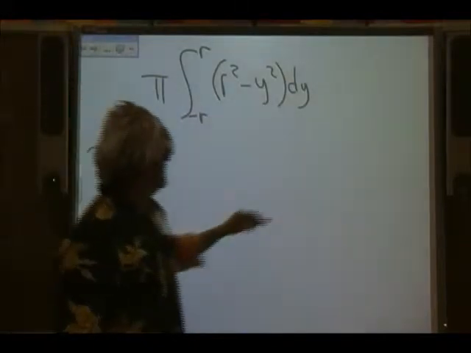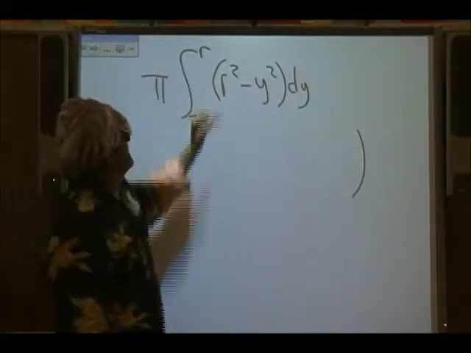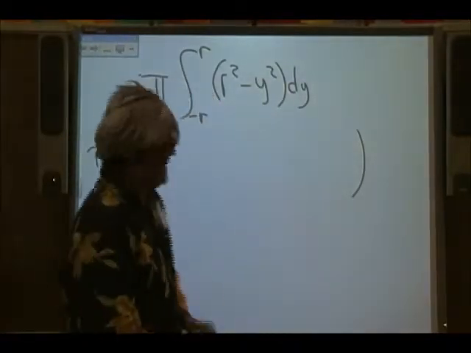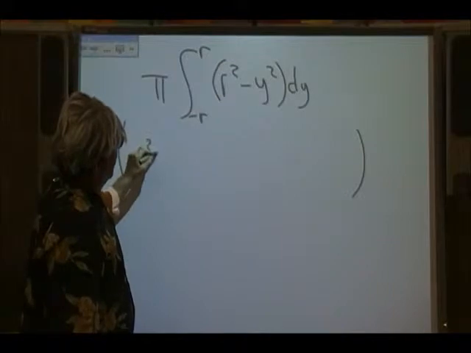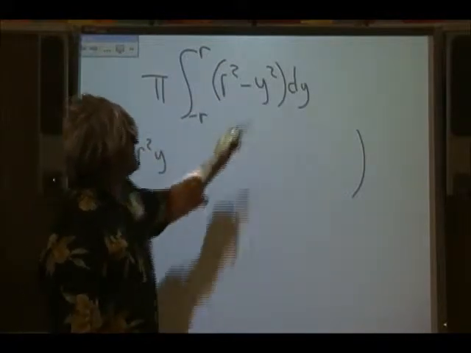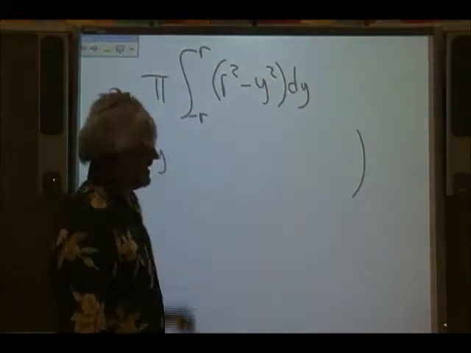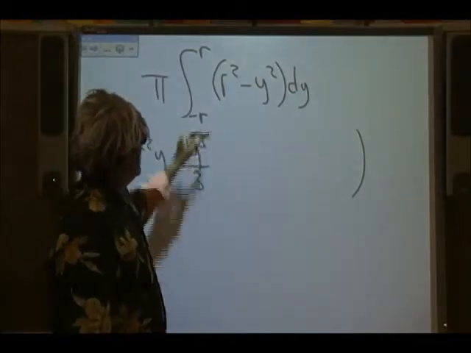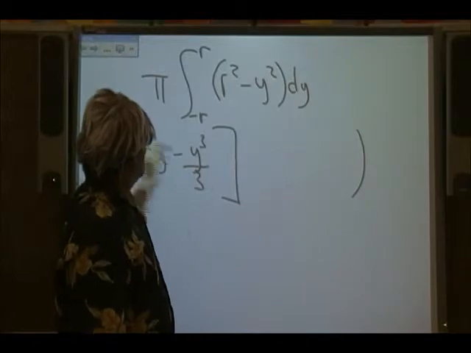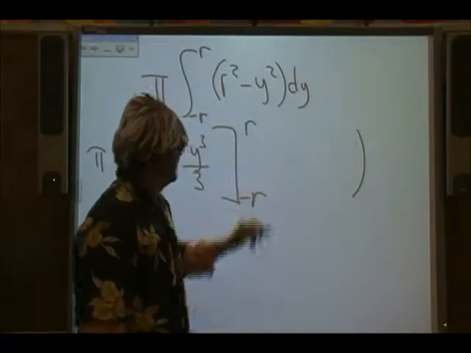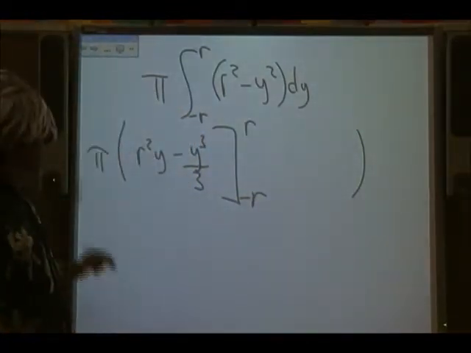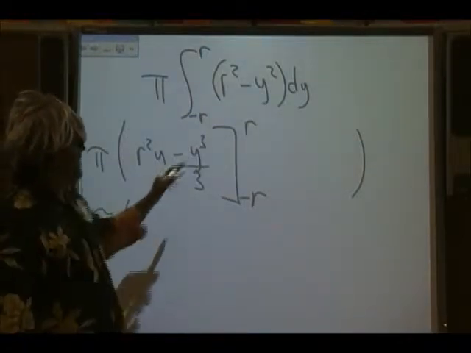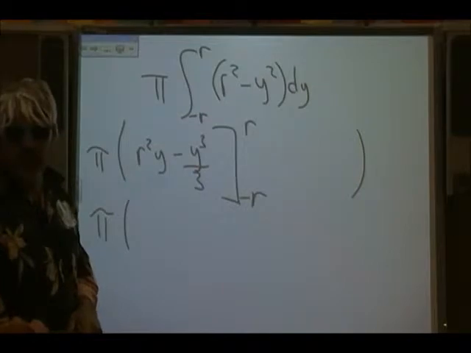Put a big parenthesis. What's the integral of r squared with respect to y? It's just r squared y. And what's the integral of y squared with respect to y? It's y to the third over 3. And now we're going from r to negative r. Now let's figure that out. We plug in the r for the y.